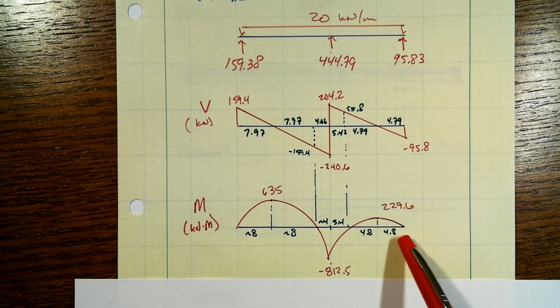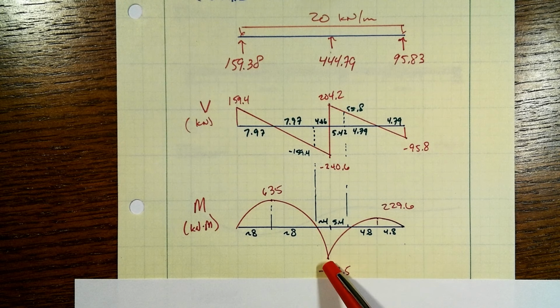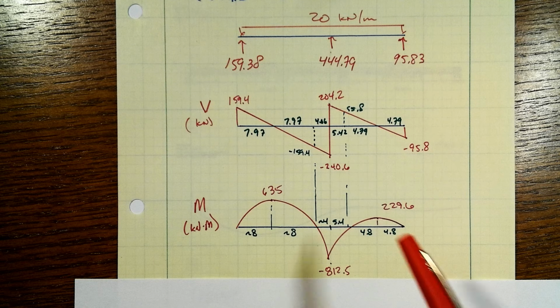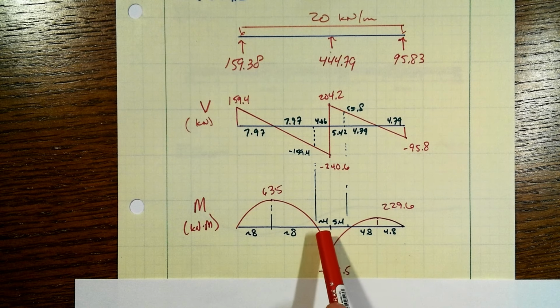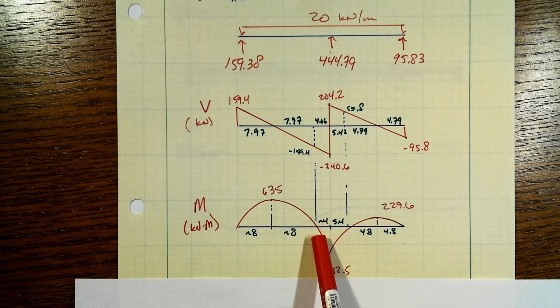Right? And same thing coming from the right to the left to that middle support, we end up with a minus 812.5 from either direction. Remember, from our estimate, that was where we had a discontinuity in our guess about where the inflection points were located. Back then we had guessed the 20% rule for those outer spans, and that put the inflection point at 4 meters from the middle support.